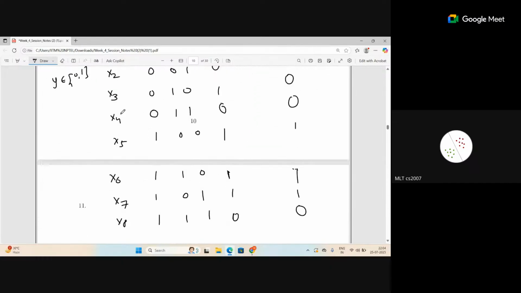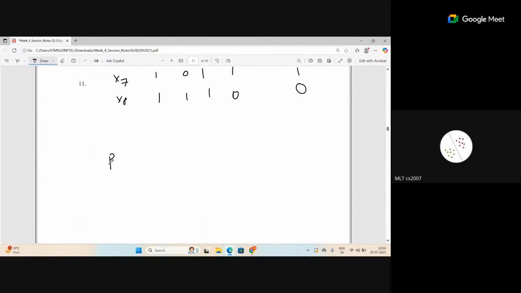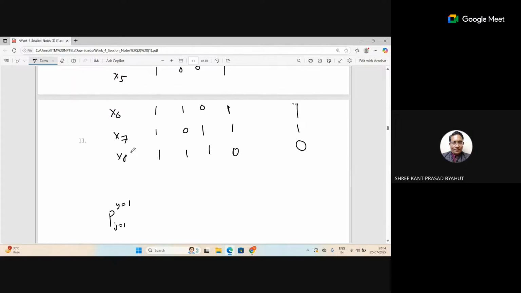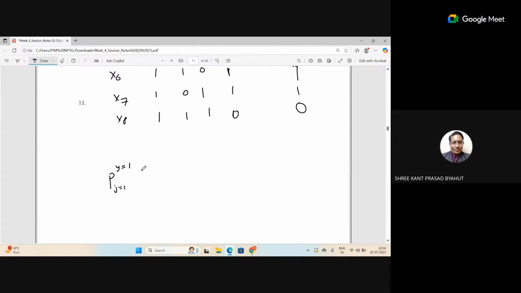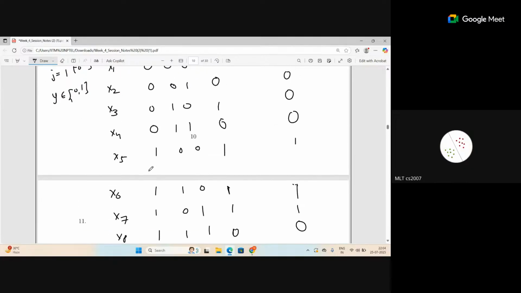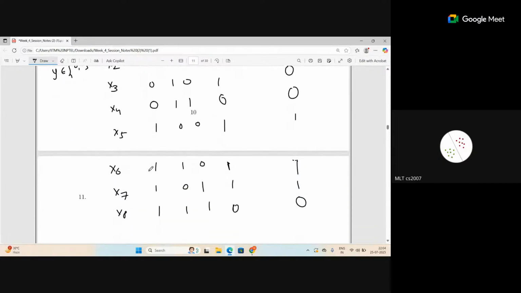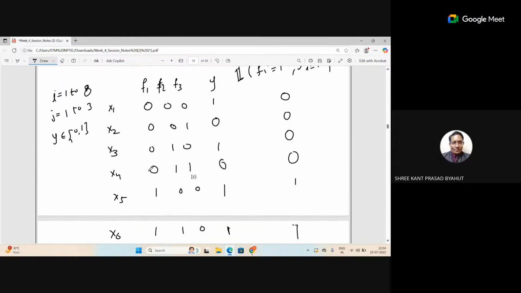So what is this giving to me? Let's say I wanted to estimate P of fj equal to 1 given y equal to 1. How many indicators are here? 3 indicators are there.